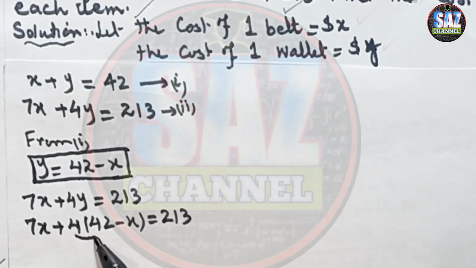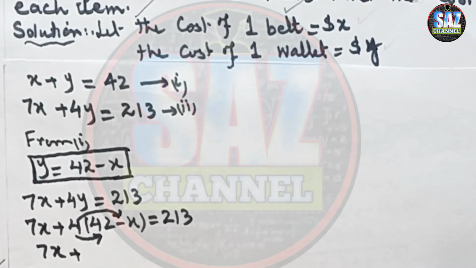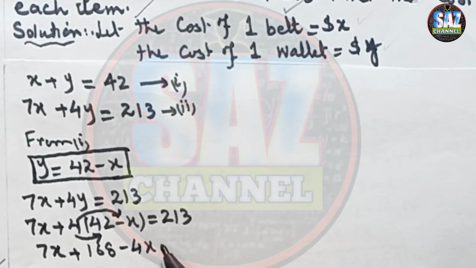Apply the distributive property carefully, that is, multiply this 4 with every term inside the bracket, and the equation will take the form 7x plus 4 times 42, which is 168, but let me confirm it, 168, minus 4x equals 213.